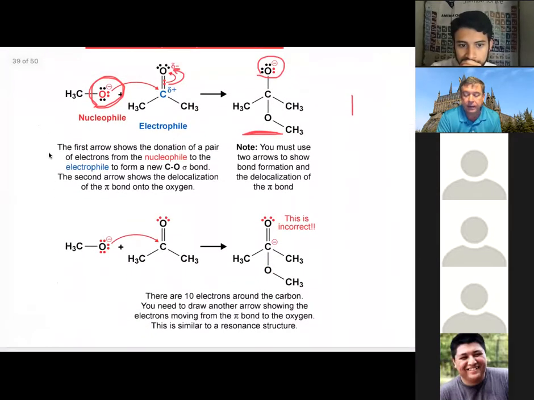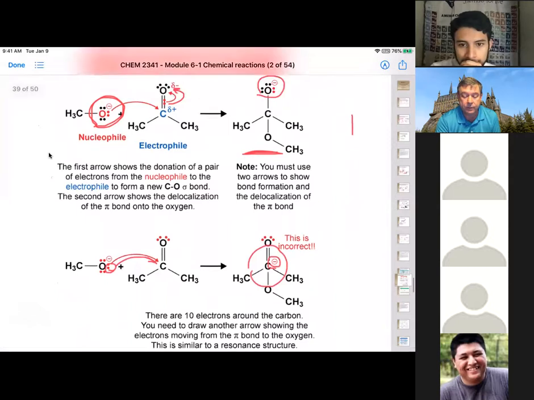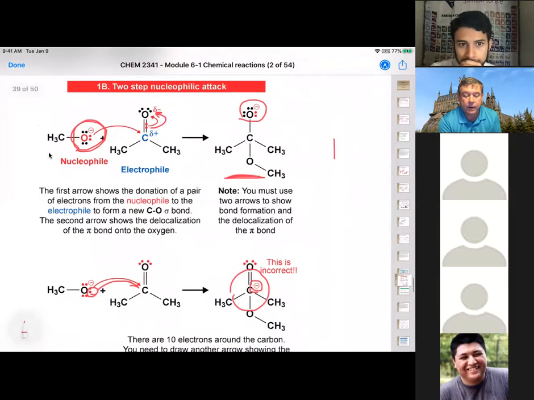So we cannot draw it where our electrons come in and make a new bond, and we end up with 5 bonds to carbon and the negative charge on carbon. So we have 10 electrons around carbon, which is not appropriate. However, we do have 8 electrons around oxygen, 8 electrons around carbon.